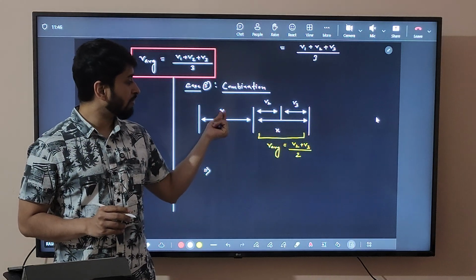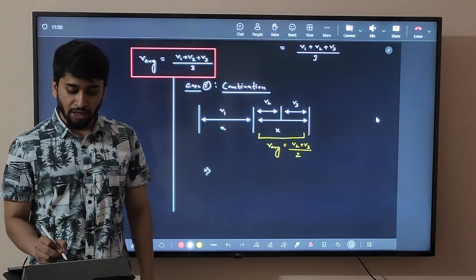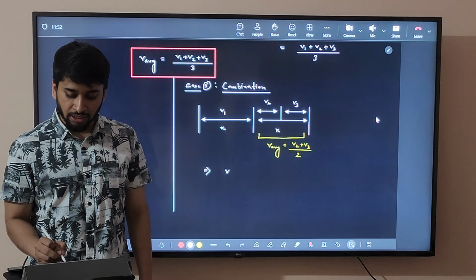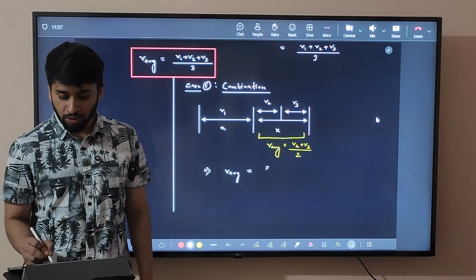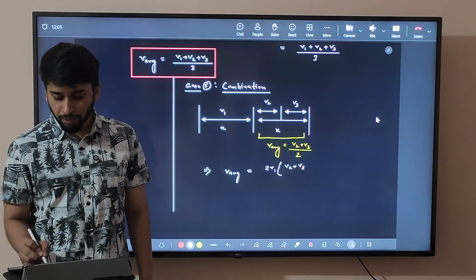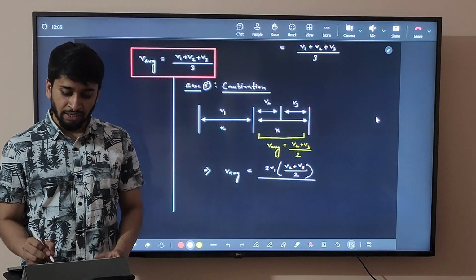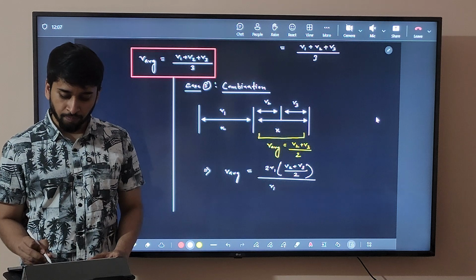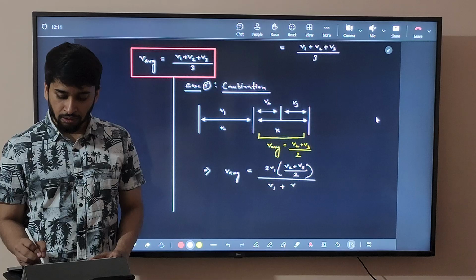The average speed for the complete journey will become 2 v1 v2 by (v1 plus v2), where v2 is replaced by (v2 plus v3) by 2. That is 2 v1 into (v2 plus v3) by 2, divided by v1 plus (v2 plus v3) by 2.